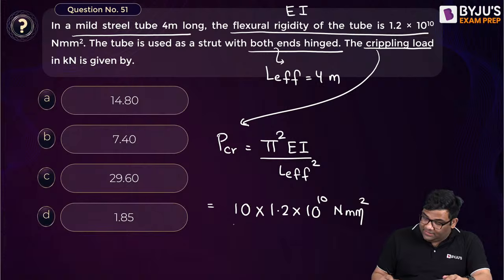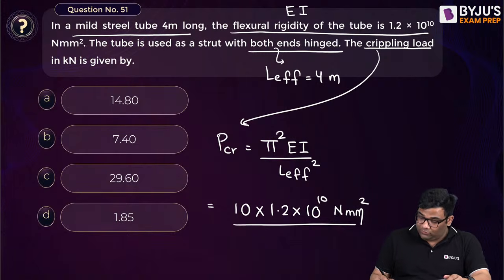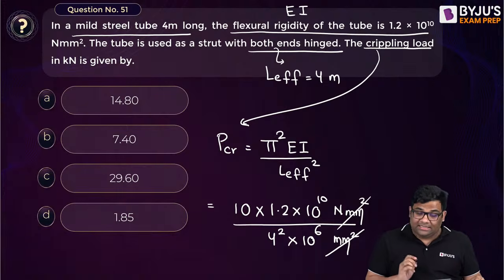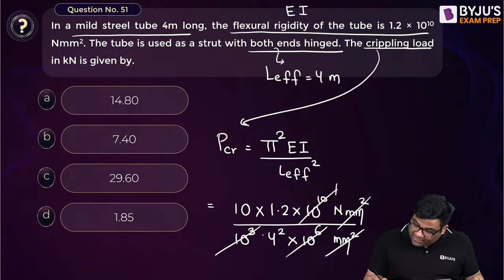Now you can express this in mm. This length is in mm, so 4000 mm I can express. So 4 square, 10 to the power 3 square, so 10 to the power 6 mm square. So this mm square gets cancelled. The answer is asked in kilonewton. I am getting Newton, so I will divide by 10 to the power 3 to convert into kilonewton. So this 10 to the power 9, so I get a 10 here.